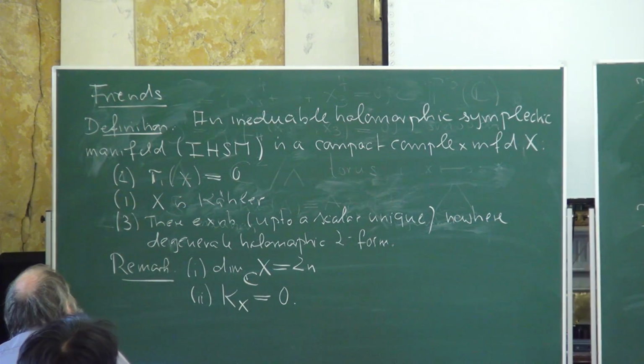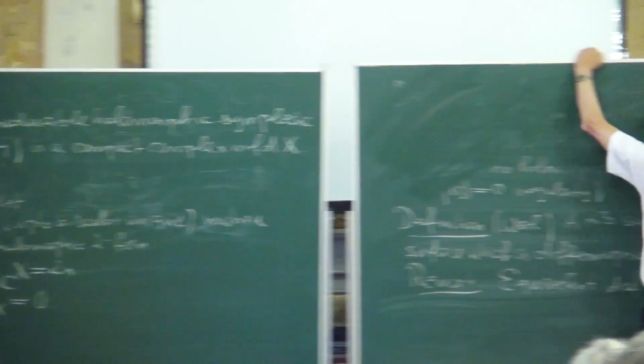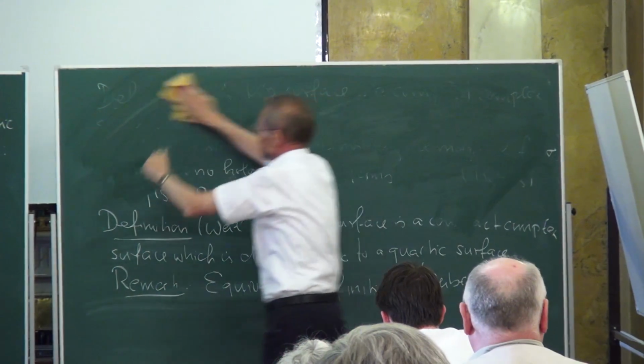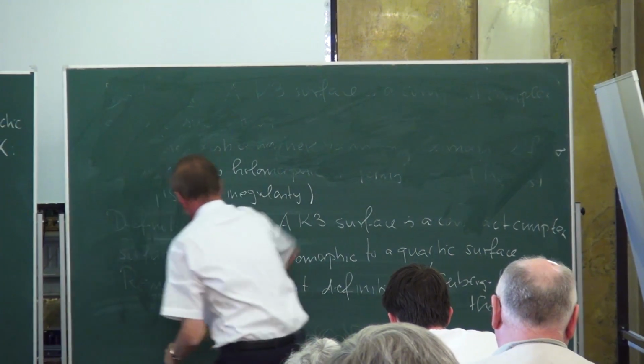Now, I gave you examples for K3 surfaces, so I should give you examples for IHSMs.